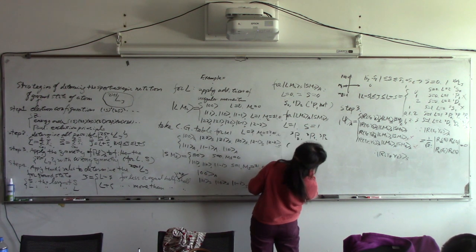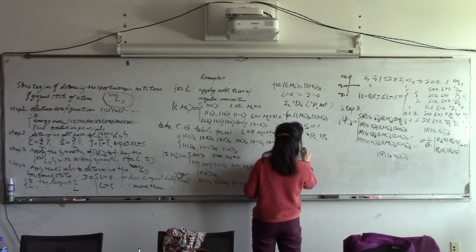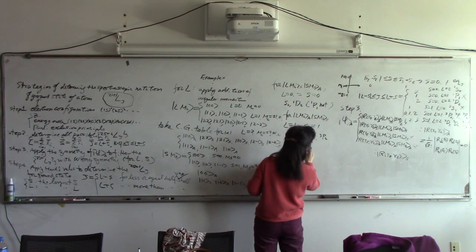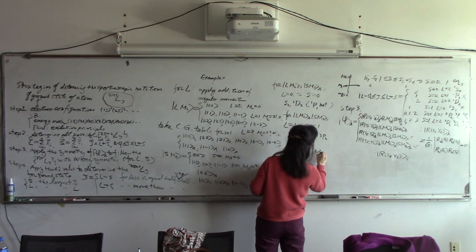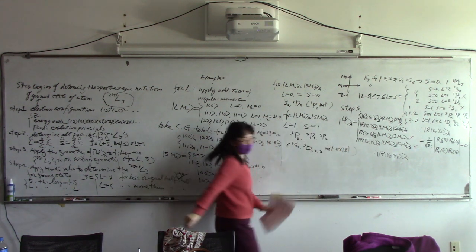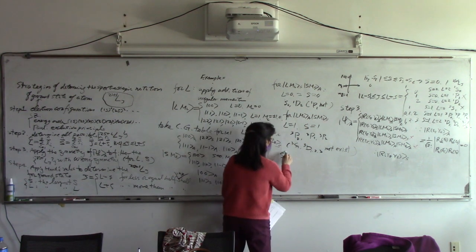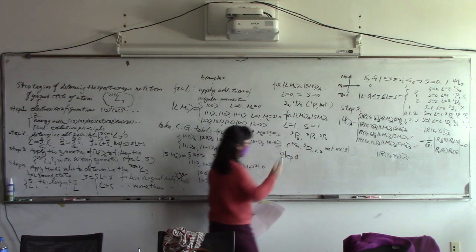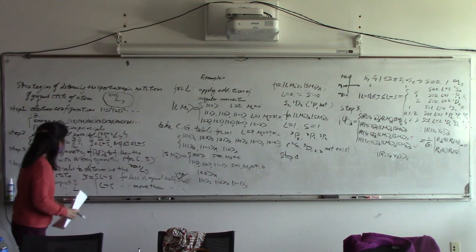So that means all the 3D, 3S, do not exist. Now we are going to apply Hund's rule to take which one is lowest, right?